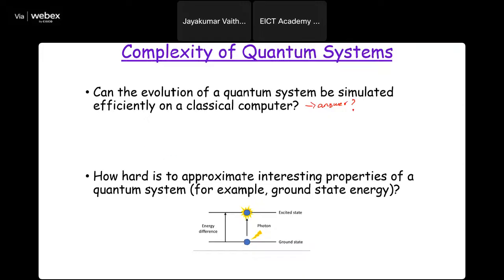Whatever you are building, any powerful classical computer, it cannot do evolution of a quantum system. You cannot simulate a quantum system using a classical computer.